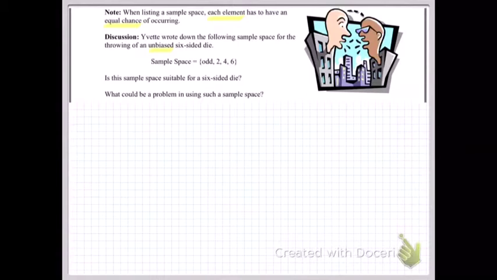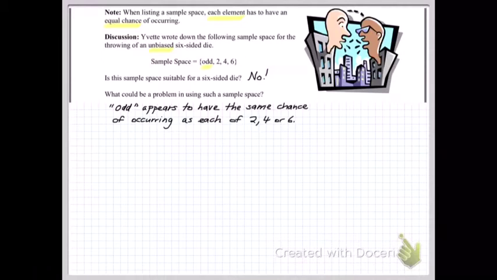So it looks like there are only 4 elements or 4 possibilities in the sample space, but there are actually 6. So it's not a suitable sample space, and the problem is that odd appears to have the same chance of occurring as each of the other elements individually, which is just incorrect. It's going to be very misleading and cause problems. So make sure that each of the elements in your sample space have an equal chance of occurring.